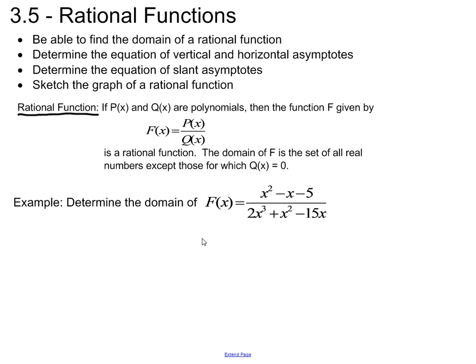For example, we're given f of x is the rational function x squared minus x minus 5 over 2x cubed plus x squared minus 15x.